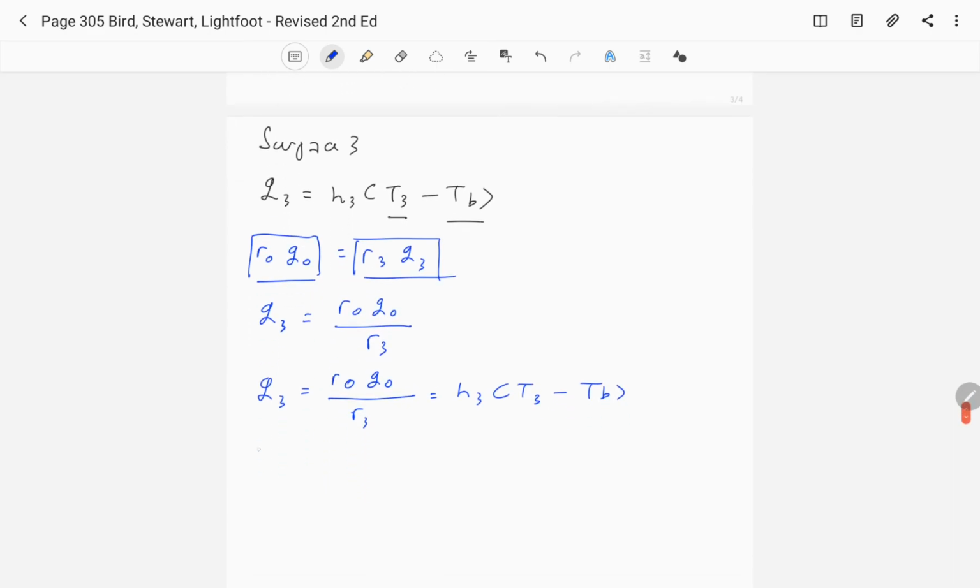So T3 minus TB will be equal to Q3 divided by h3, or equal to Q0 R0 divided by h3 R3, because Q3 in here is equal to Q0 R0 over R3.